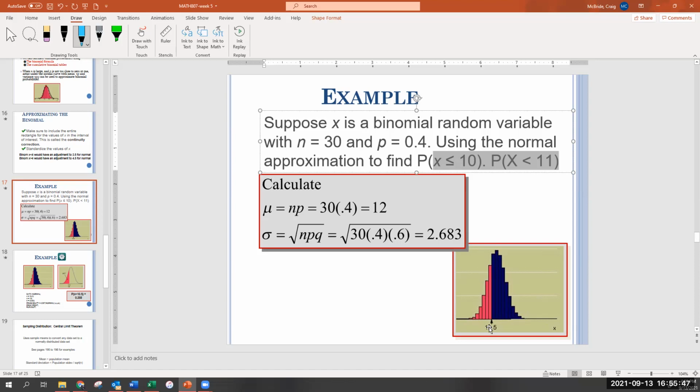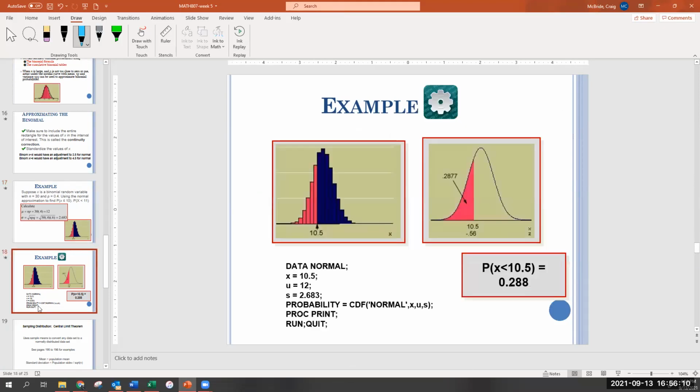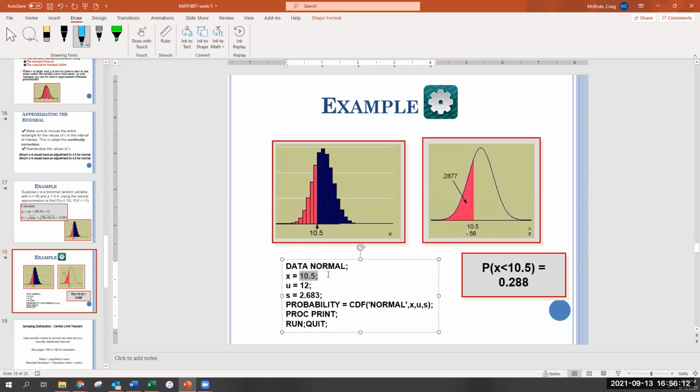So if I want to be less than 10, I don't want to include that bar at all. And the low end was 9.5. So I would put 9.5 in and I would run it. But if I want to be less than or equal to 10, then I do want to include the 10 bar. And the 10 bar goes all the way up to 10.5. So now all of a sudden I have to use 10.5 as my X value. And so that's why we use 10.5 in this example.